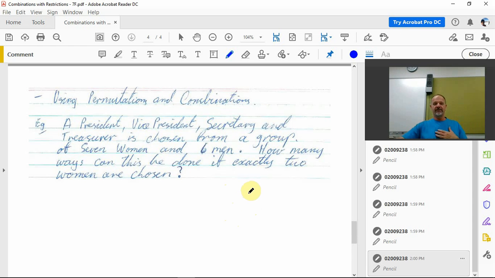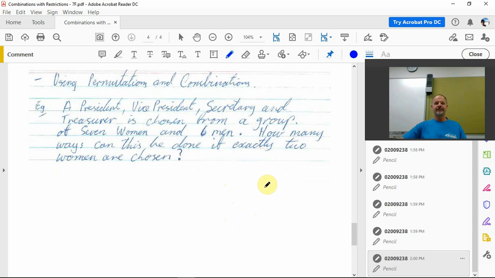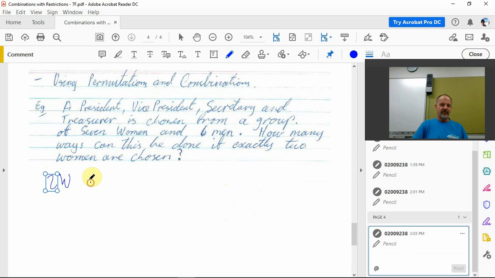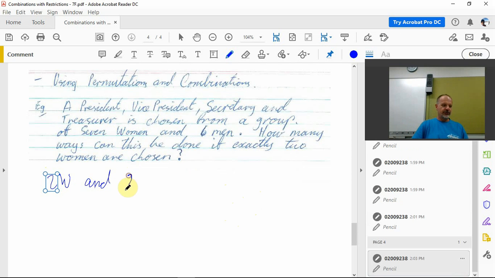All right, so we get 7 women, 6 men. How many ways can this be done if exactly 2 women are chosen? So we've got 2 women and 2 men and 4 roles.